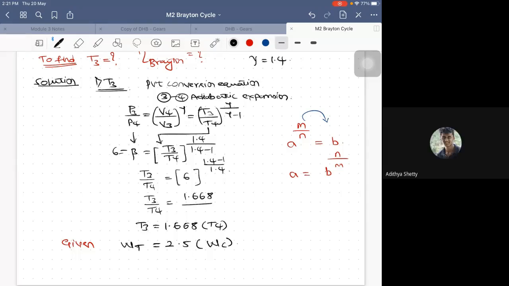Now, what is the formula to calculate work done by the turbine? M Cp, T3 minus T4. That is equal to 2.5 times M Cp into T1 minus T2, the work done by the compressor.